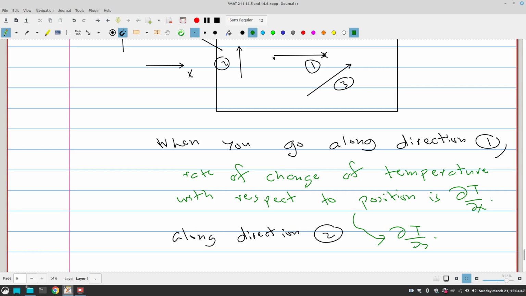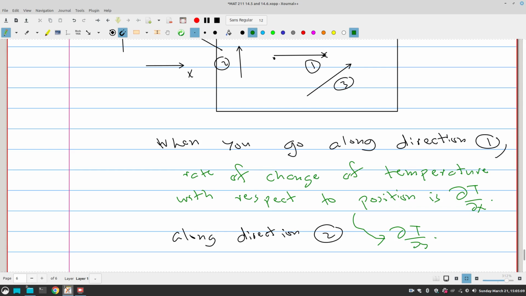So let's say you want to find the, okay, so let's recall the definition of partial derivatives, right?